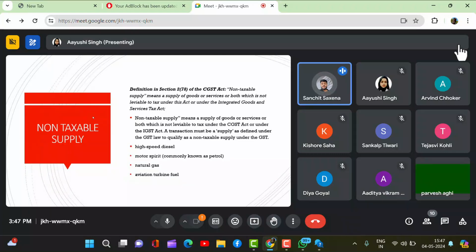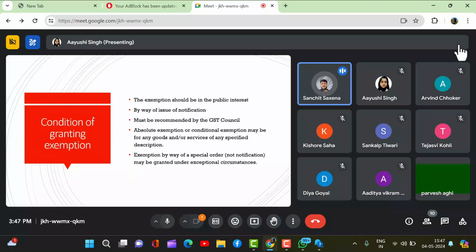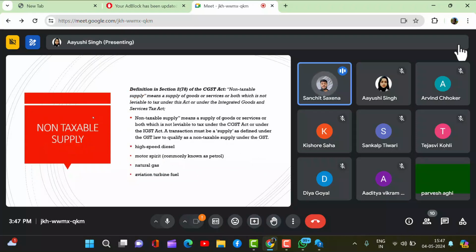In the context of India, it refers to goods and services that are outside the purview of GST altogether. This means they are not subject to GST and not included in the GST framework. It includes things like petrol, high-speed diesel, natural gas, aviation fuel, etc.